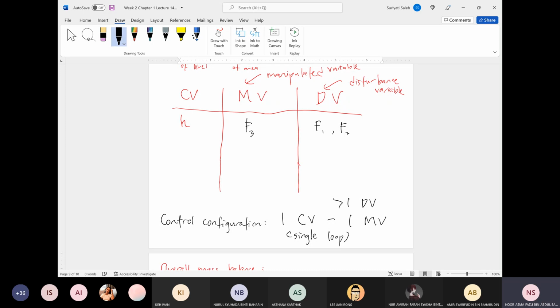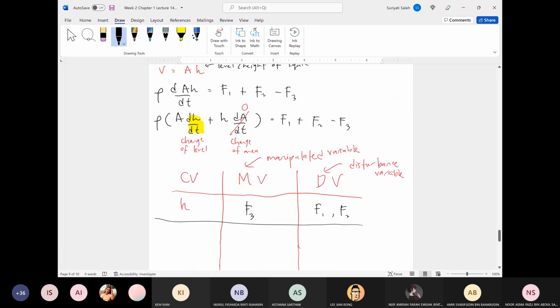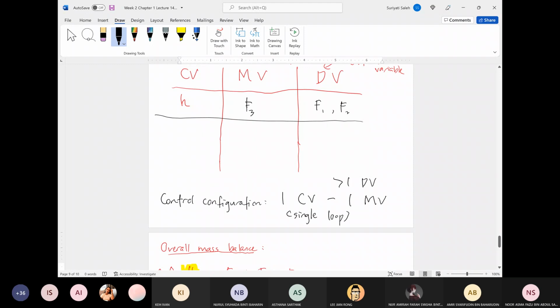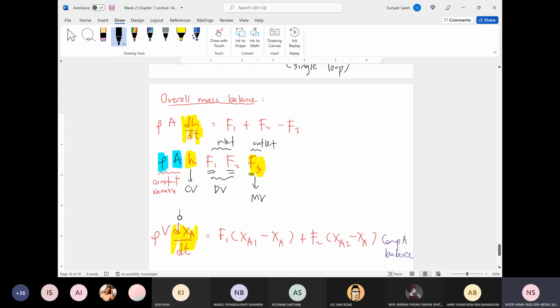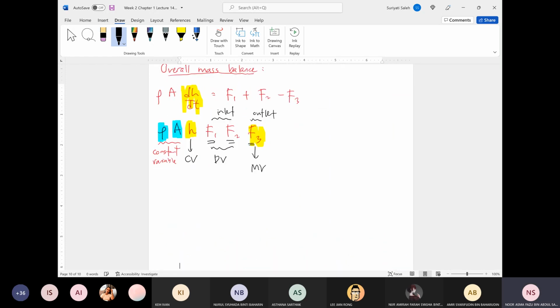Disturbance variables can be more than one, because sometimes the disturbance just affects the process. So that is the explanation on selecting CV, DV, and MV.